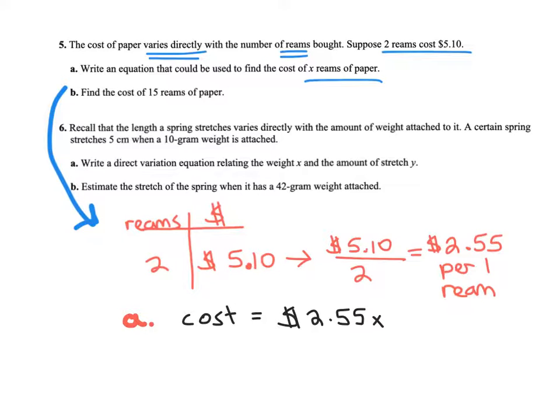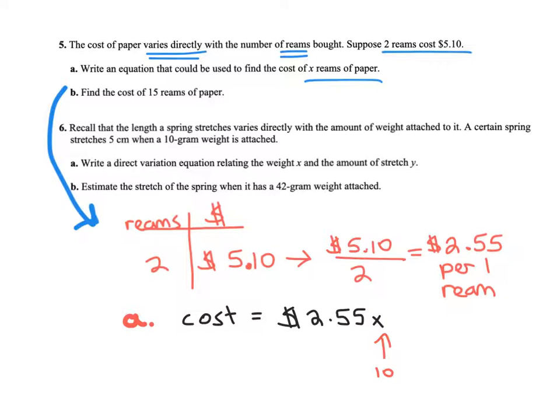So for example, if I buy 1 ream of paper, my cost is going to be $2.55 times 1, or $2.55. If I buy 2 reams of paper, my cost is going to be $2.55 times 2, or $5.10. If I buy 10 reams of paper, it would be $2.55 times 10, and so on.